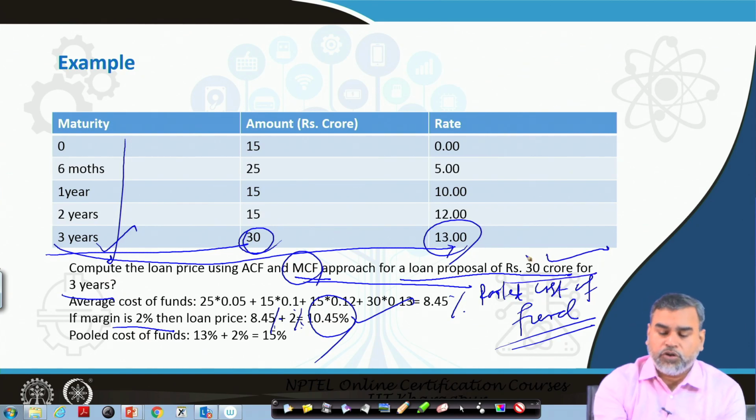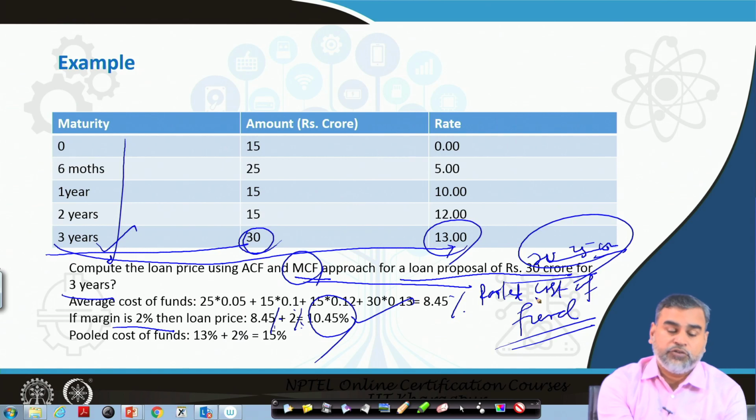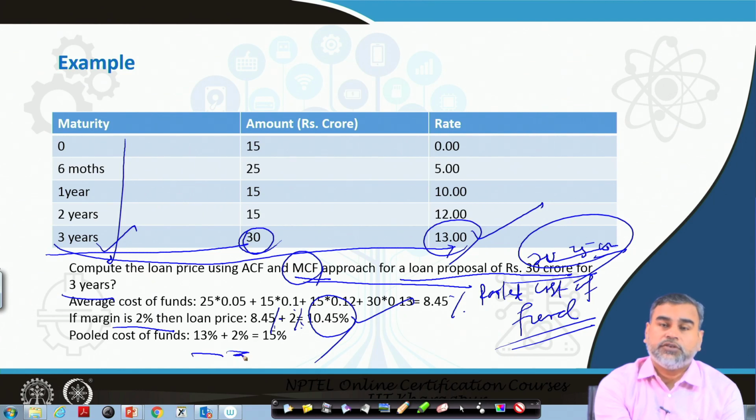It may be 20 crore also, it may be 25 crore also. So, if we know that there is a basket which is available and from where the loan can be disbursed, then it is advisable for the bank to go for a pooled cost of the fund, and that pooled cost of the fund means for the 3 years maturity how much cost the bank is incurring, that is 13%, directly 13% plus 2% which is the margin, then 15%.